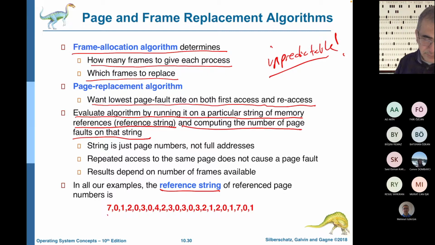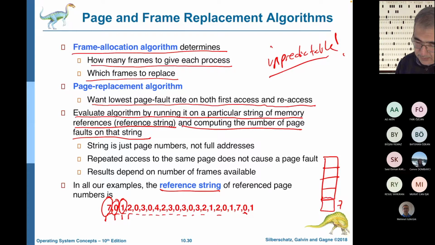So the reference string is, for example, here 7 0 1 2 0 3 0 4 2 3 0, whatever. That means these are the page accesses. I need page 7, then page 0, then page 1, then page 2. That means in my logical memory, first I need 7, then 0, then 1, then 2, then 0 again.